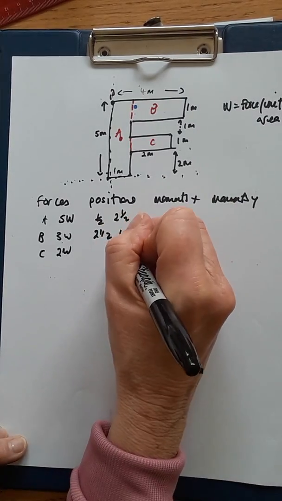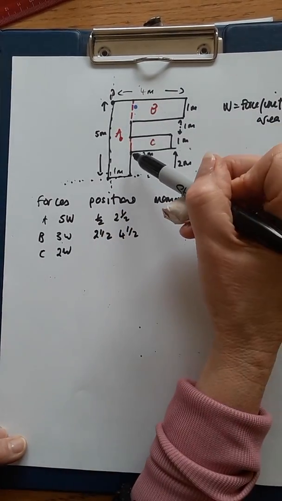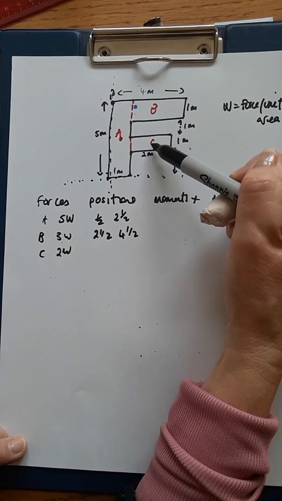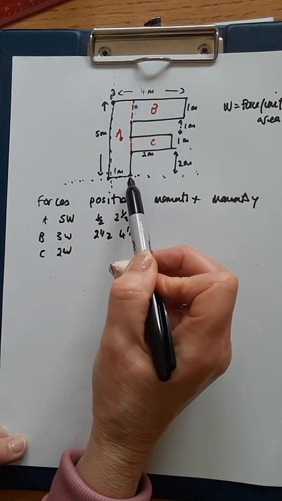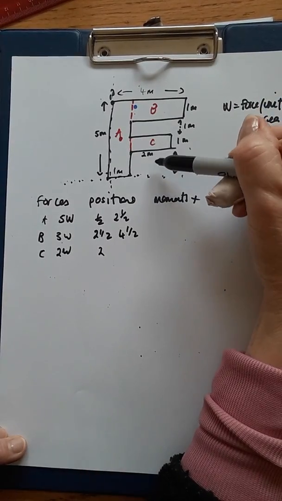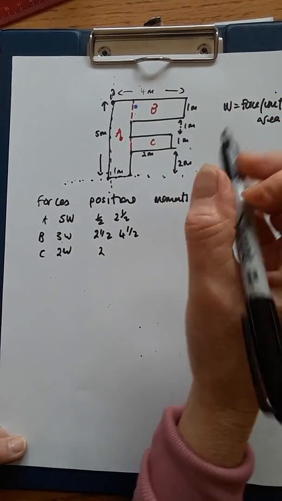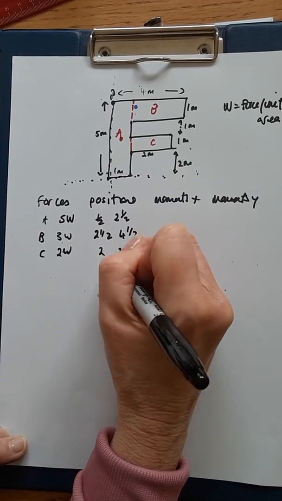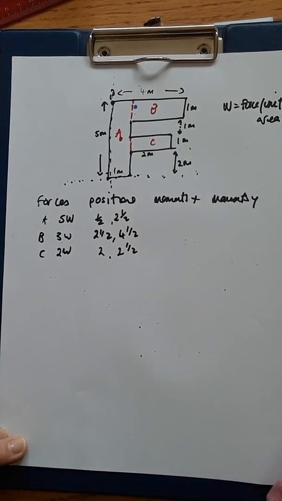That's going to give me 4.5. And then C, the centre of gravity of C, slap bang in the middle of that rectangle, I'm going to go 1 out and then another 1 out, so that's 2 along the x-axis, and how far up the y-axis, I'm going 2.5. So stop the video at this stage and make sure you understand where those numbers came from.